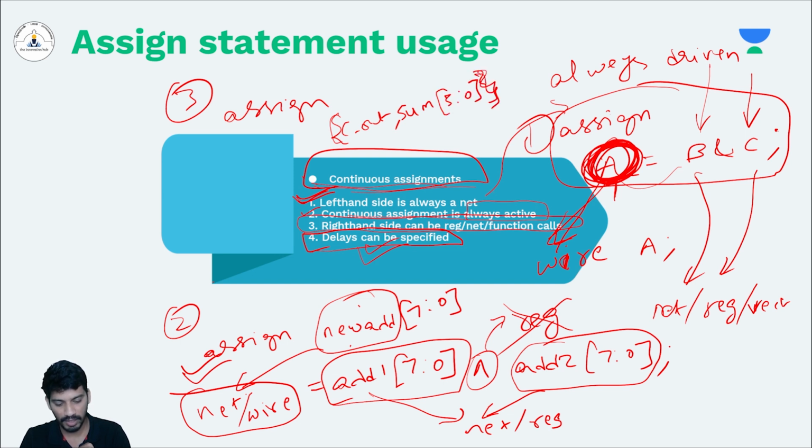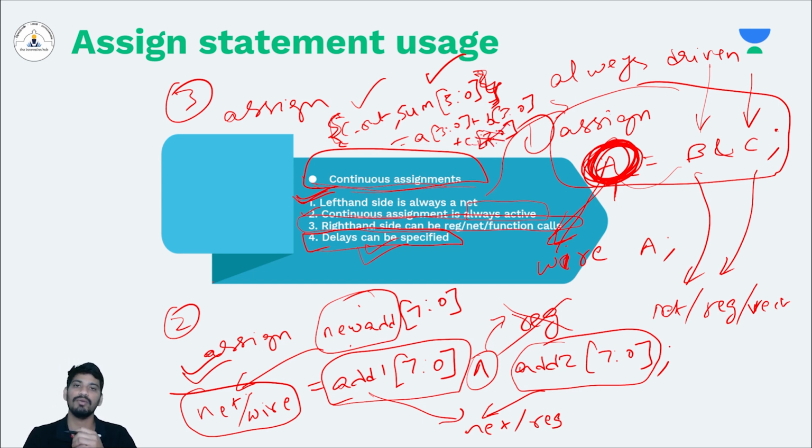I will explain what is this concatenation operator, but as of now, think that we have a flexibility that you can assign two operands at the same time like this: a of 3 down to 0 plus b of 3 down to 0 plus c of 3 down to 0. I will explain this in coming slide. I don't want c 3 down to 0. I can have c in anything. Whatever you want, you can assign here. So this is called continuous assignment.